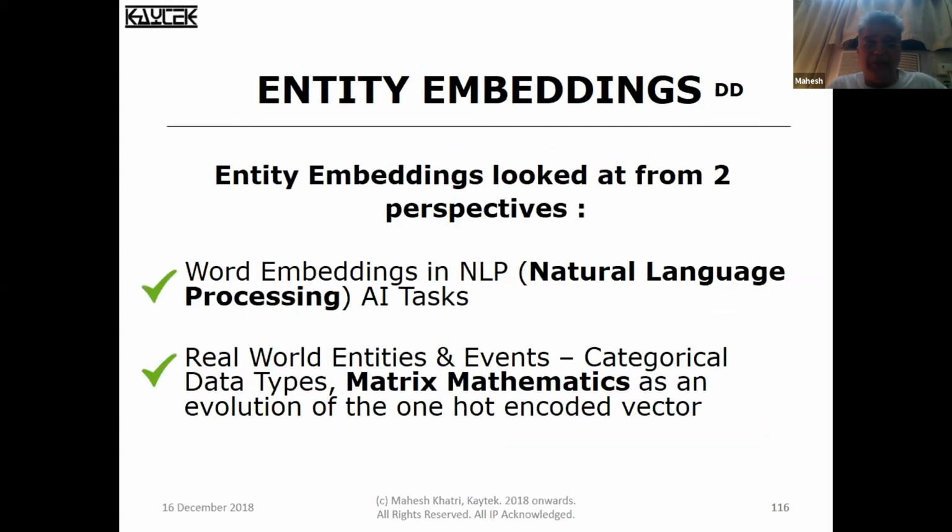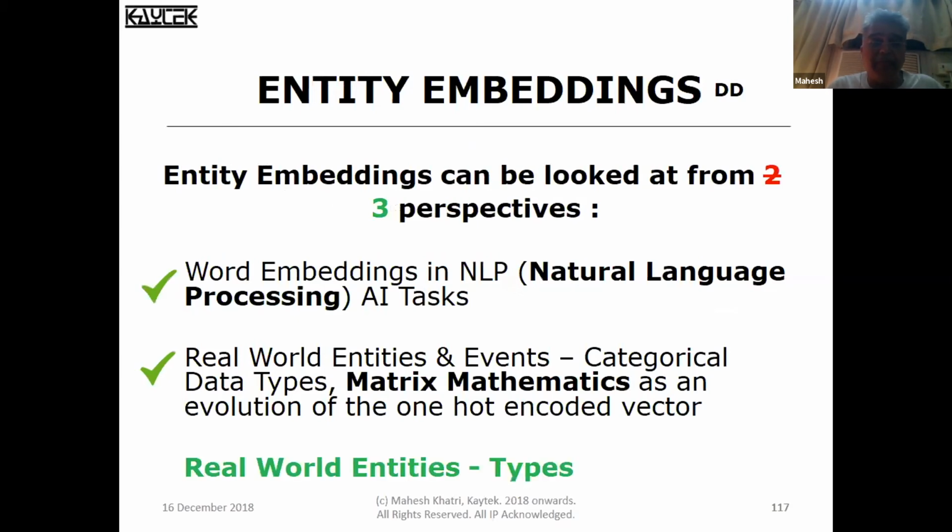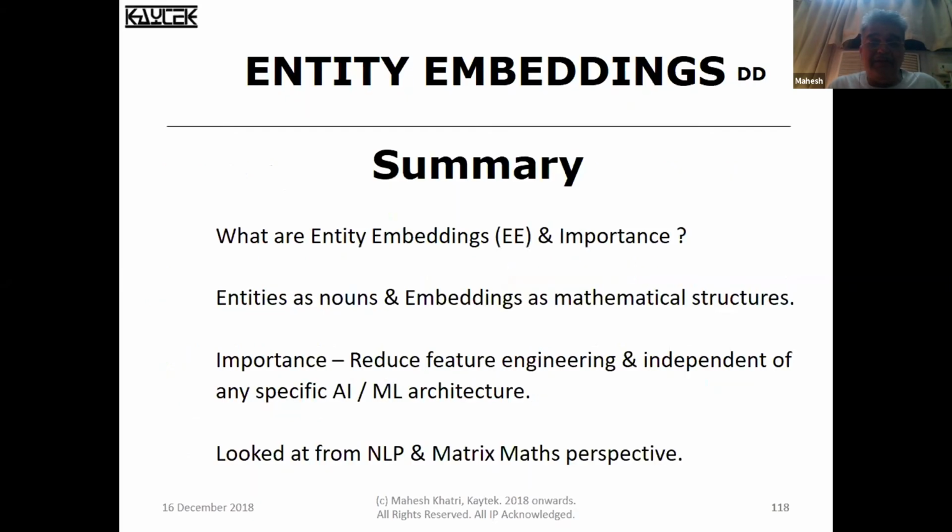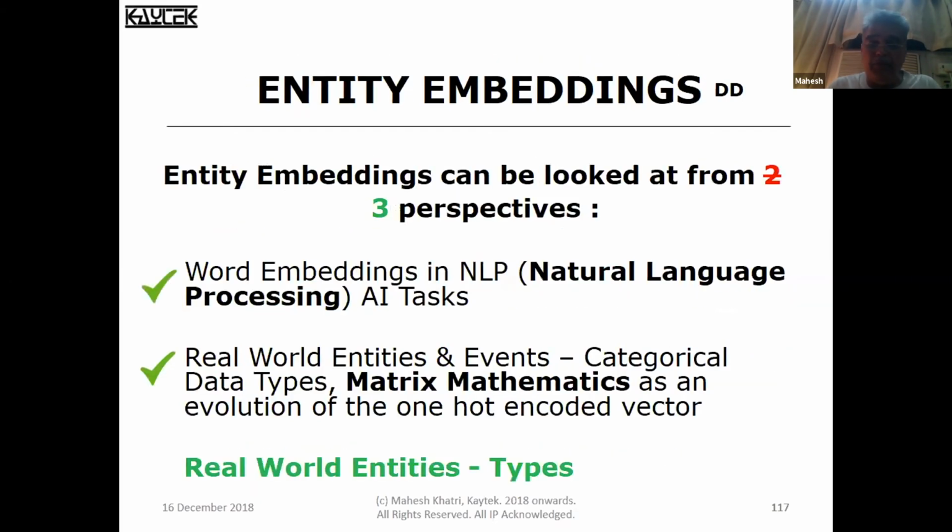So essentially, we looked at embeddings from two perspectives. We looked at it from word embeddings. We also looked at it from the real world data types, categorical, as an evolution of the one hot encoded vector. Then there is another way of looking at it, which is from the real world entities and systems.